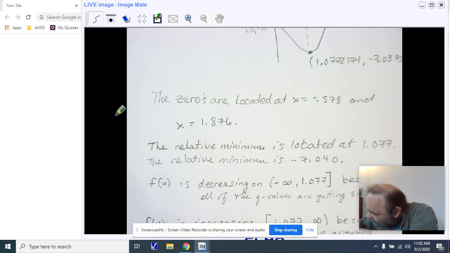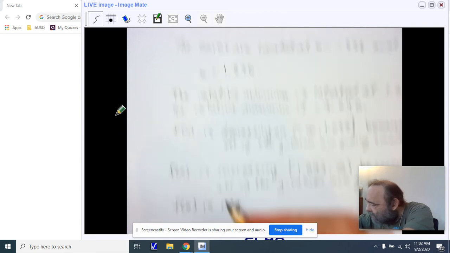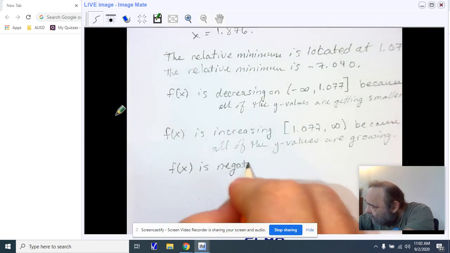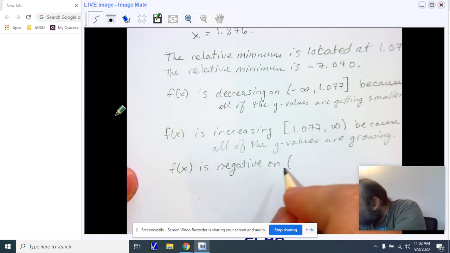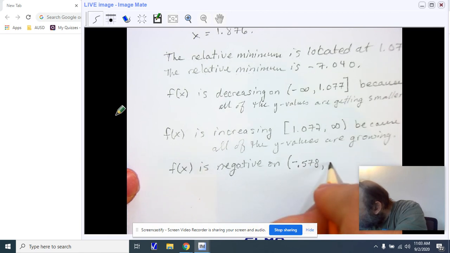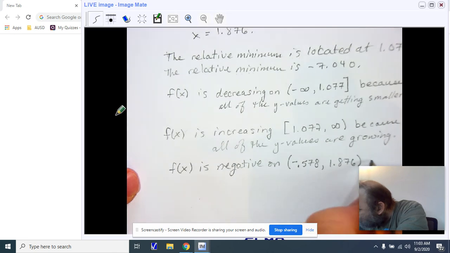F of x is negative. Let me make sure you can see it. On, we're going to use parenthesis, and we use our first x-intercept, negative 0.578, comma, 1.876. Why?